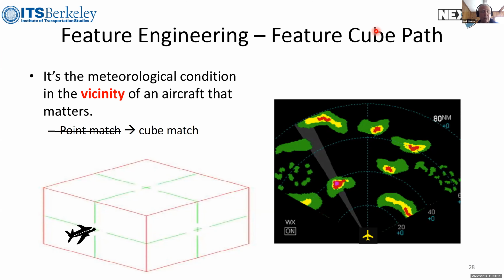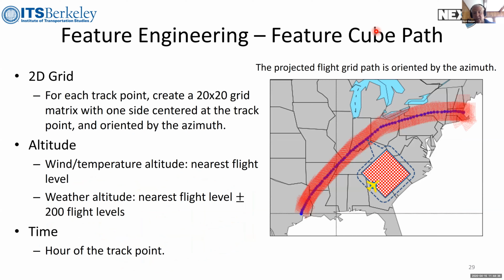And what we imagine is that its next location will be determined by that set of features. What we're going to try to do in our modeling is learn the relationships that enable us to use these features to predict where the flight will be next. So we have this 2D grid.